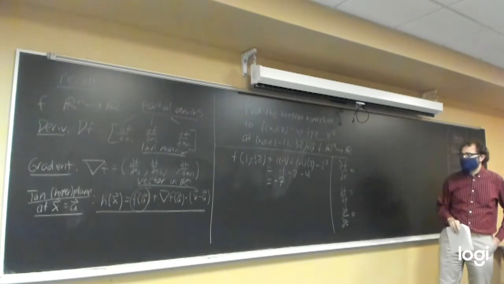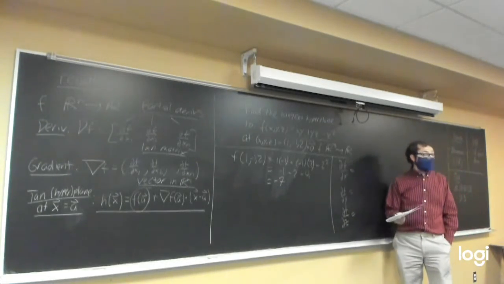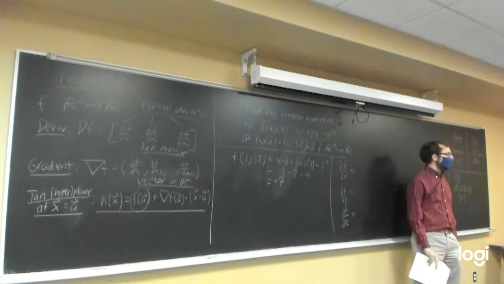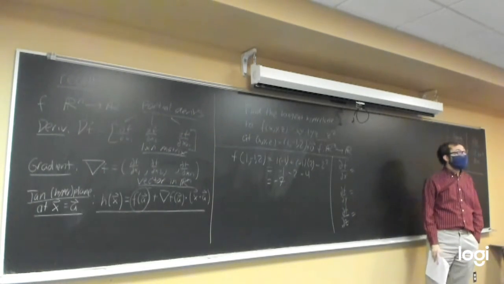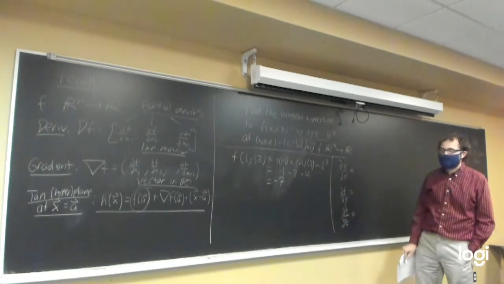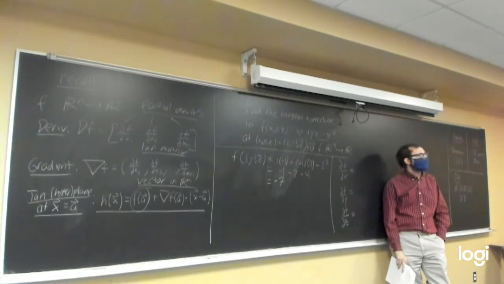First of all, let's see what would happen if we took del f del x. Meaning, if we were to treat x as our only variable and treat y and z like constants, what would we get if we were to differentiate our function f with respect to x here? Yeah?